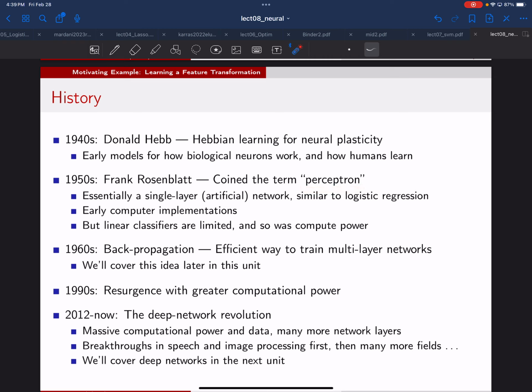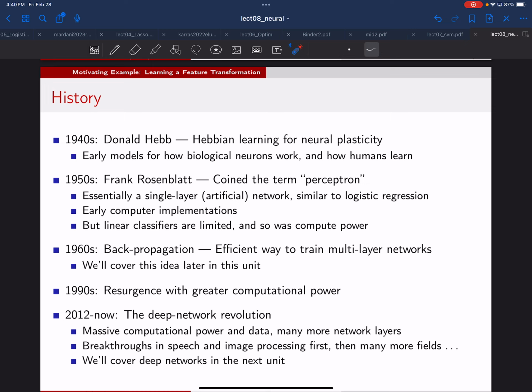And basically, these single layer networks, as we know, are more or less like logistic regression. In fact, back then, they were already doing some simple computer implementations of this. Back in those days, computers were pretty simple, vacuum tubes and all that. And we also know that logistic regression is not very powerful. So altogether, even though they started doing stuff, they couldn't really do much sophisticated stuff.